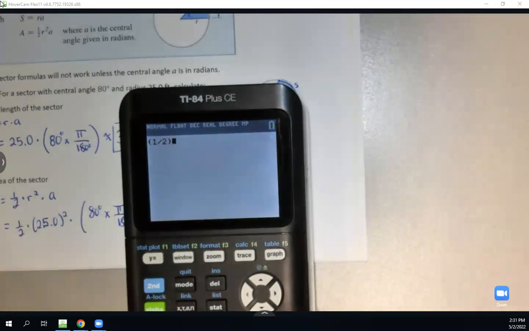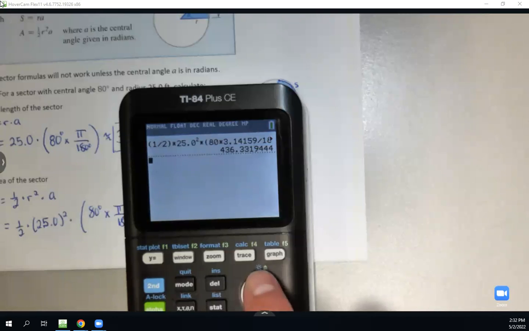So 1/2 times 25.0 squared times 80 times 3.14159 divided by 180. And so that is about, let me make sure I type that in right. I don't see any mistakes. So that's about 436.33 square feet.